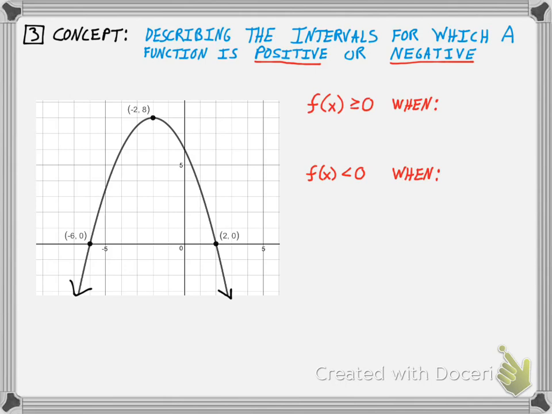Alright, there's another thing that you saw on your summer assignment, which is describing the interval where a function is positive or negative. So again, I'm looking for specific things on the graph. When I ask for the interval for which the function is greater than or equal to 0, our hope is you could see and think about that section of the graph.